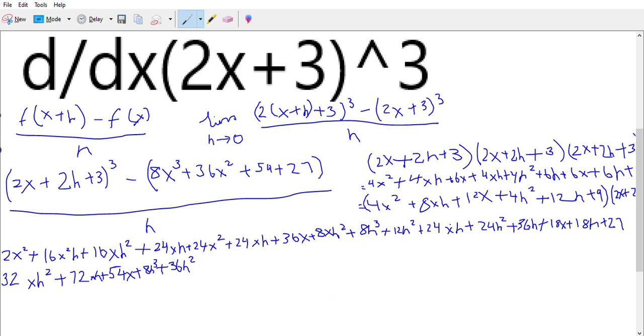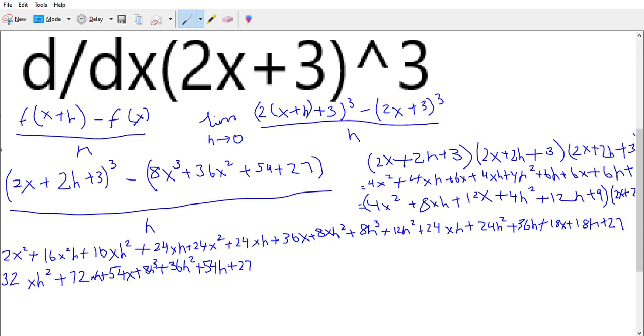Okay, 24xh has already been accounted. And then there's 36h plus 18h, so that's 54h. And then at the end I add the 27 because I've already accounted for the 18h before.